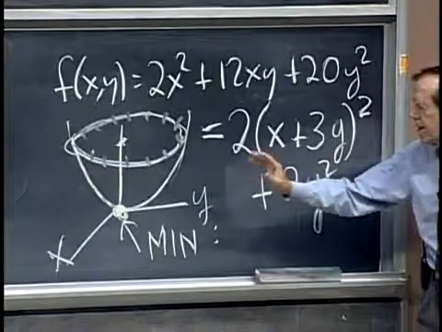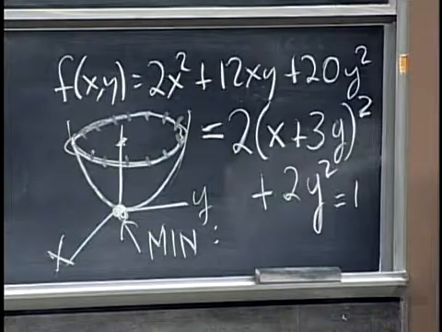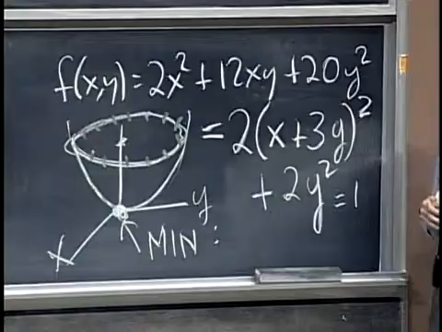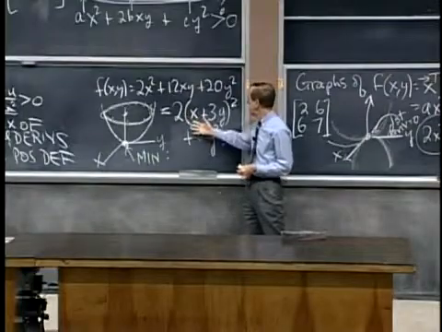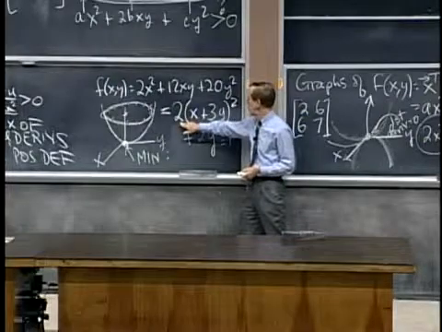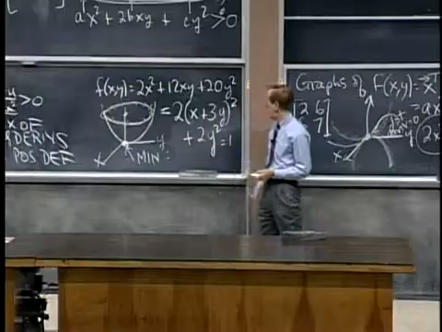Okay, but this minimum stuff is really what I'm most interested in. But I just have to ask, do you recognize these numbers here, the 2 that appeared outside, the 3 that appeared inside, the 2 that appeared there?